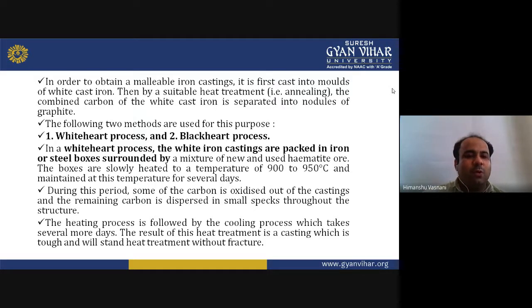In the white heart process, the white iron castings are packed in iron or steel boxes, surrounded by a mixture of new and used hematite ore.